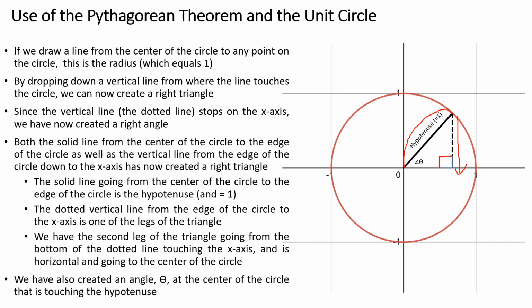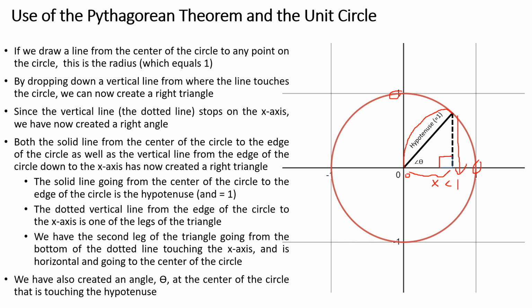And what I want you to notice here is here's 0, 0, the origin. Here's a length of 1 in the vertical, and here's a length of 1 on the horizontal axis. The distance along the x-axis, that horizontal line that drops down, is less than 1 for the x-coordinate.